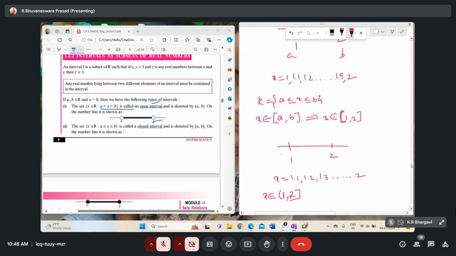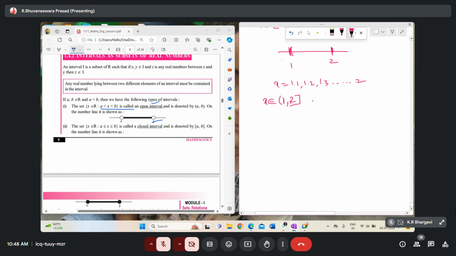Why? Because 2 is equal. It goes up to 2, but on the left side it starts from inside 1. It is open. The x value is not equal to 1, it's less. So this is called open closed interval.